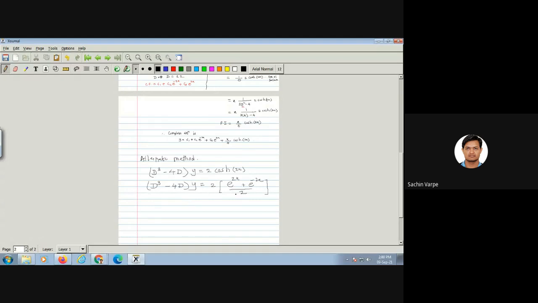Okay, so this 2 will get cancelled, and that is equals to e to the power 2x plus e to the power minus 2x. So can you solve this now further using the first case?